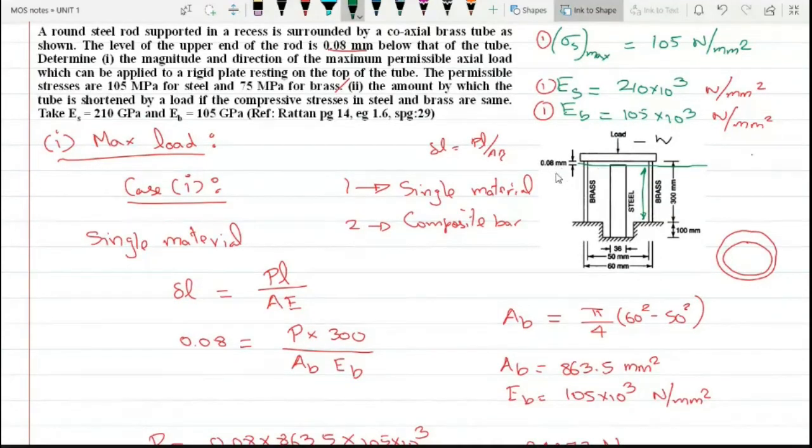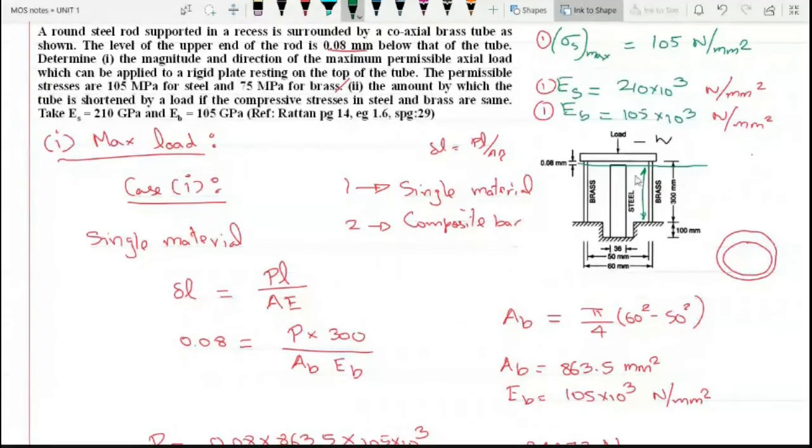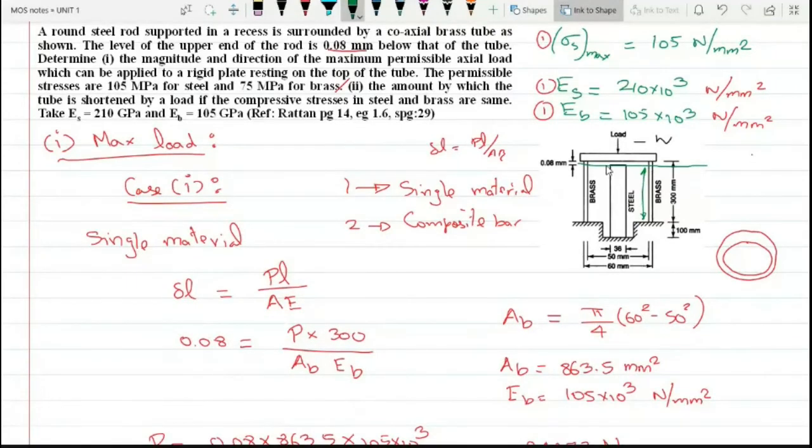But anyway, since it is 0.08, there is not much difference. Actually it has to be like this. This length is the composite bar length, which will be 300 minus 0.08. There is not much difference, but I am doing it for accuracy. You can also directly write approximately 300.